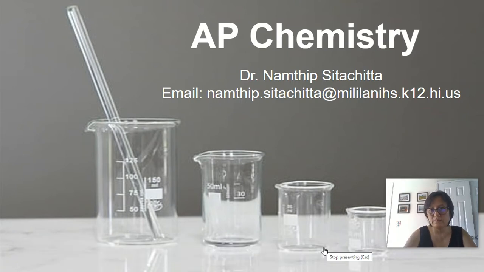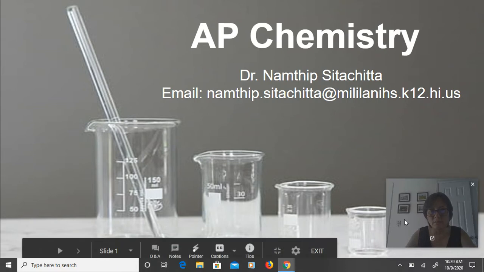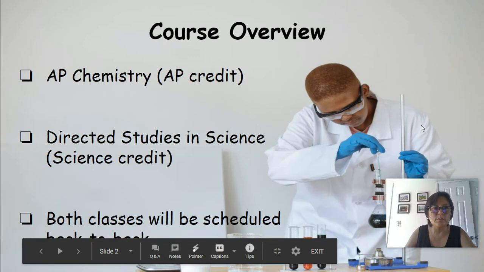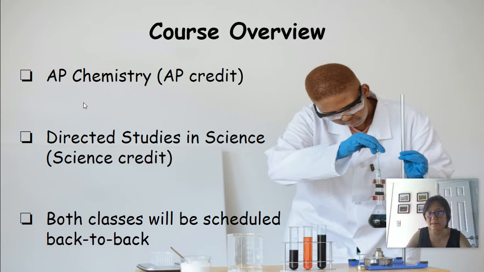Okay, so now let's take a look at the course really quickly. The course overview: this is a 2 credit course. The first credit is an AP credit, and the second one is going to be regular science credit and is called the Directed Study in Science. The reason why you have to take 2 classes is because AP Chemistry is a lab-based course.